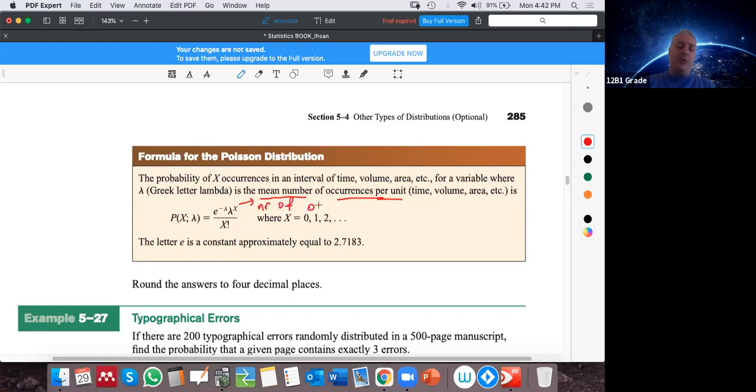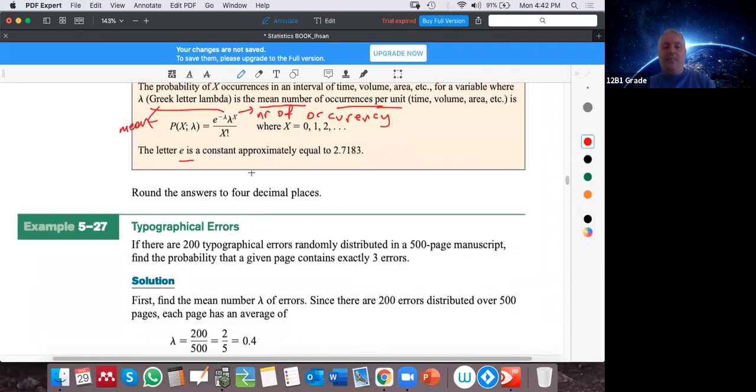The number of occurrences, how many times that event you are looking for occurred. And lambda here means the mean number of occurrences per unit. And factorial is factorial. And e is 2.7183, but of course it's better to use the calculator, since on the calculator there is a button which is called e.